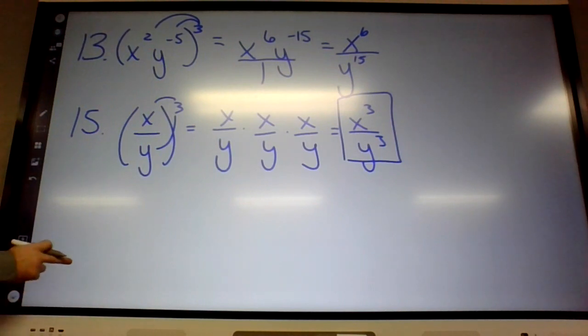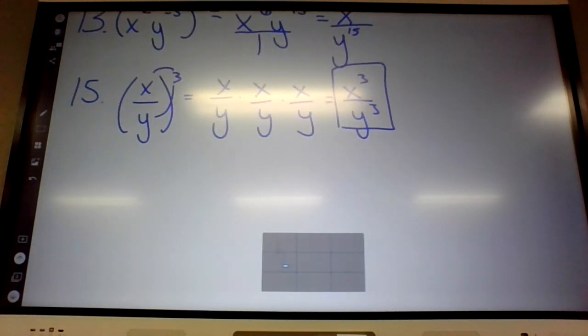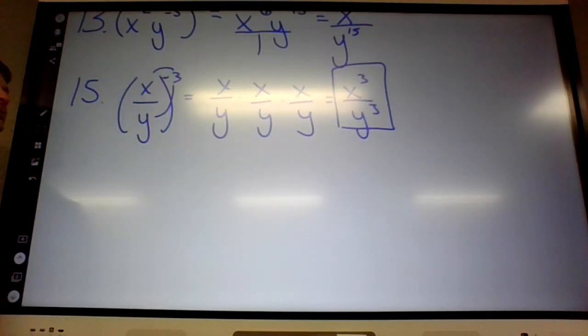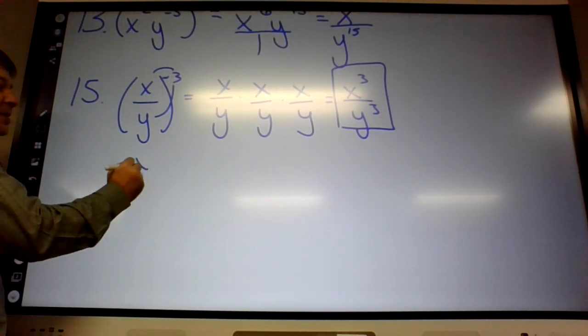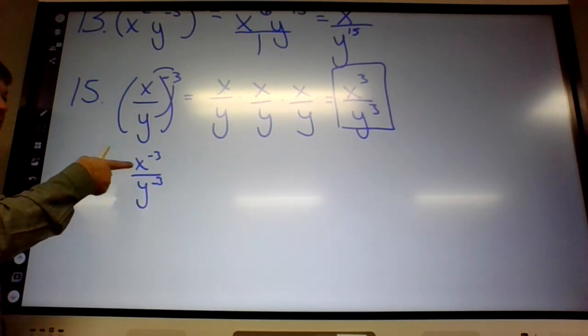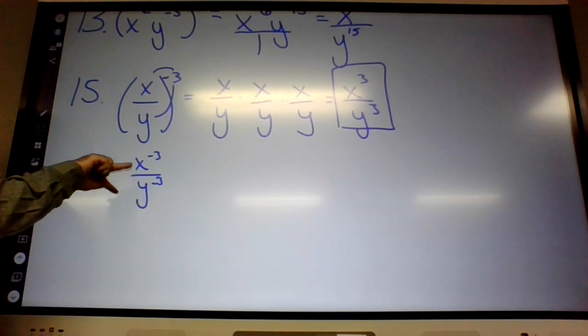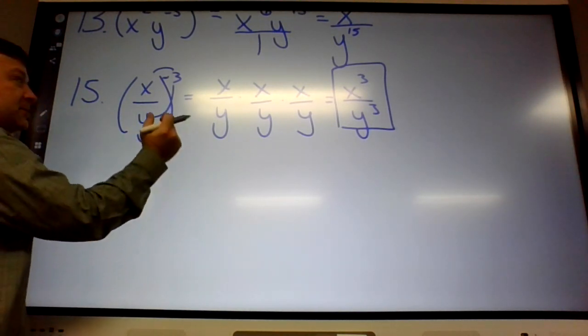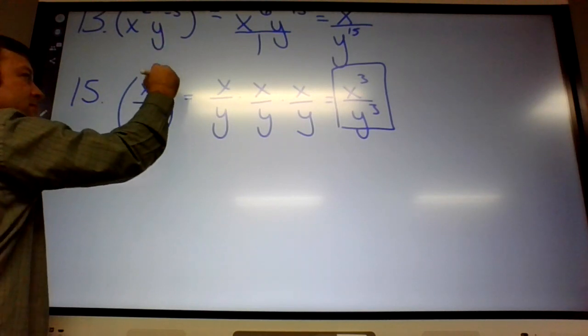Just let it happen. What if the exponent had been negative? What if that had been a -3 right there? Well, it would kind of be like that, right? So you just flip them both. So it'd be y cubed over x cubed. It's almost the same thing, just upside down.